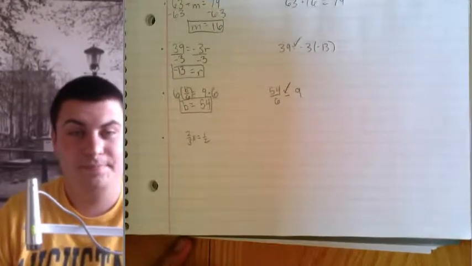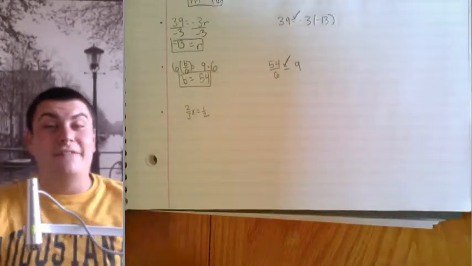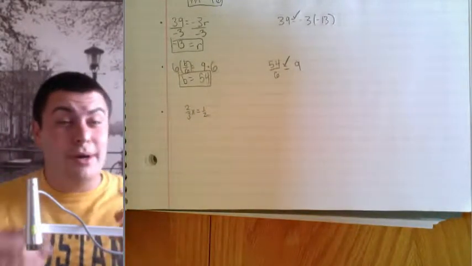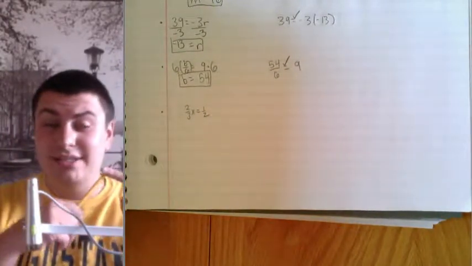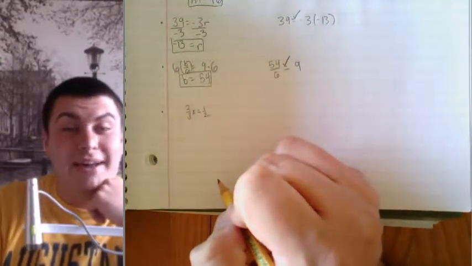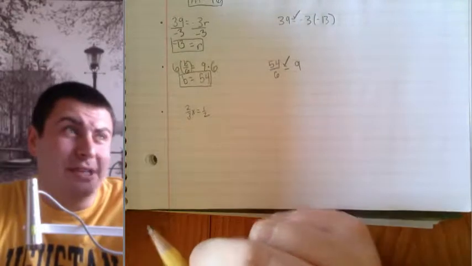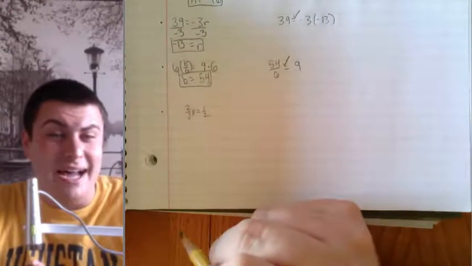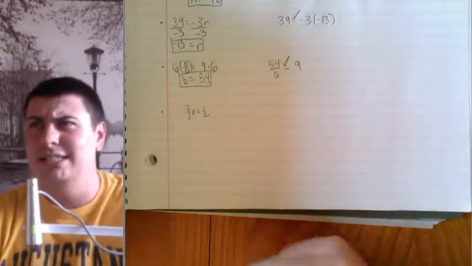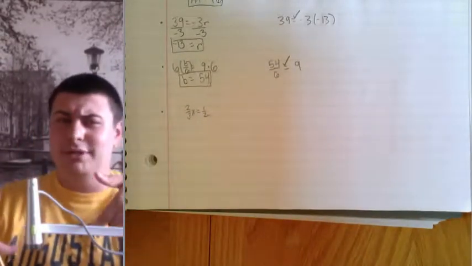Oh yeah. Now, if we have fractions, remember, we're multiplying by fractions here. 2/3 times x equals 1/2. Now, if we have multiplication, we need to divide to do the opposite. But remember, dividing by fractions is multiplying by the reciprocal.